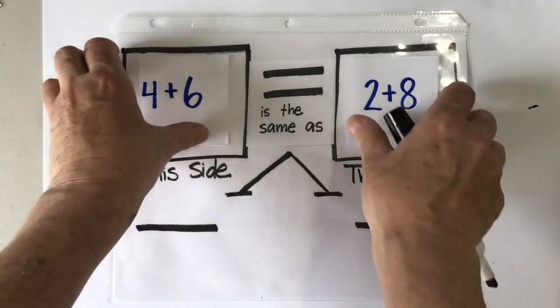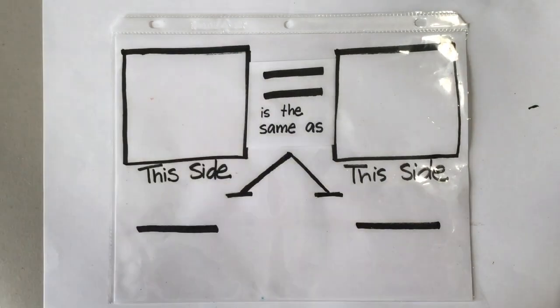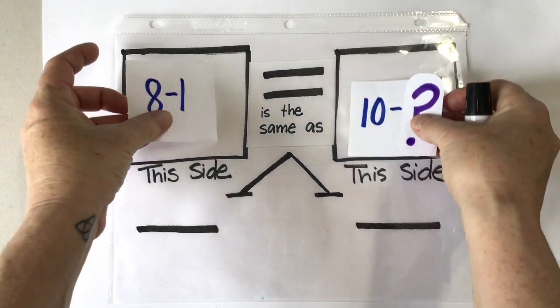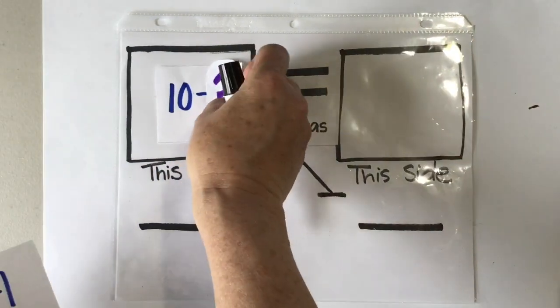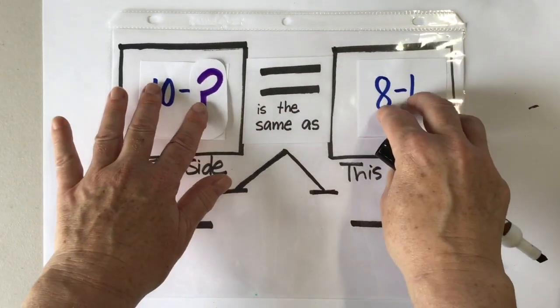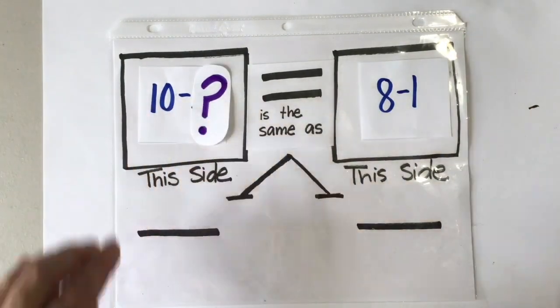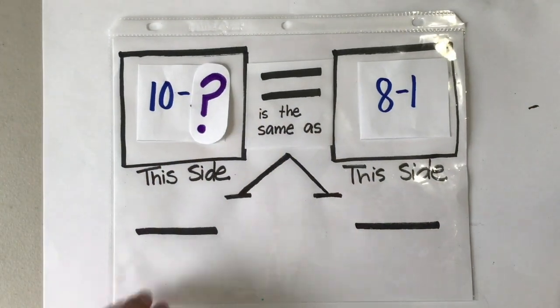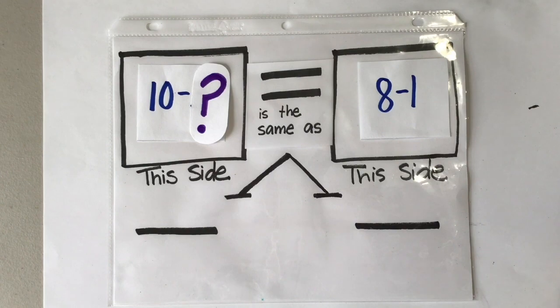We're going to do one last one together. Go this way again. Okay. One more subtraction one. So let's read it together.